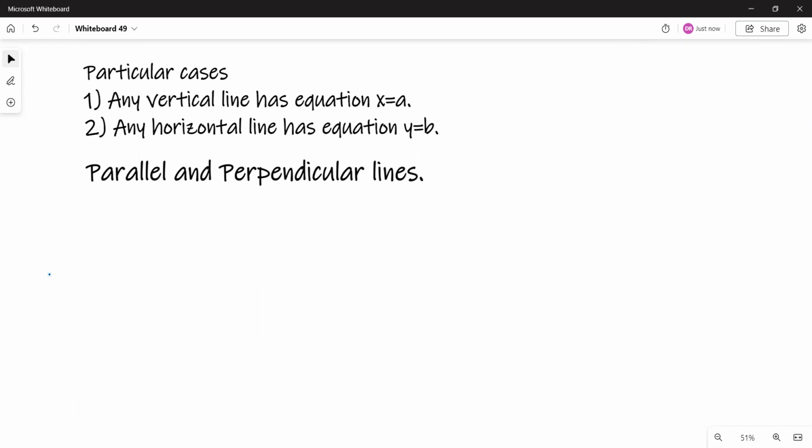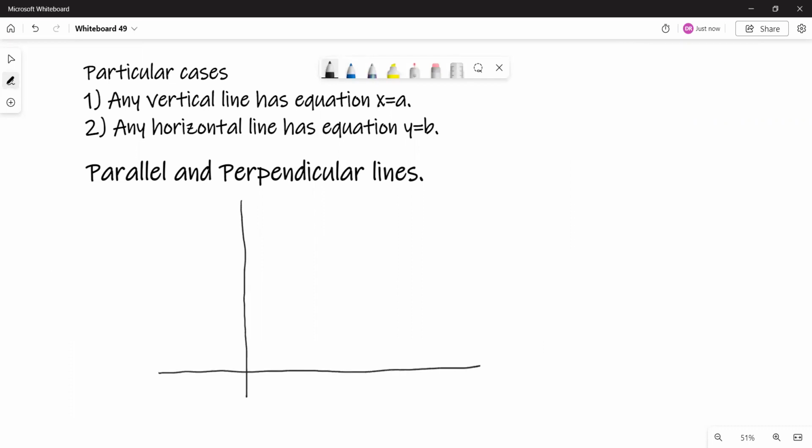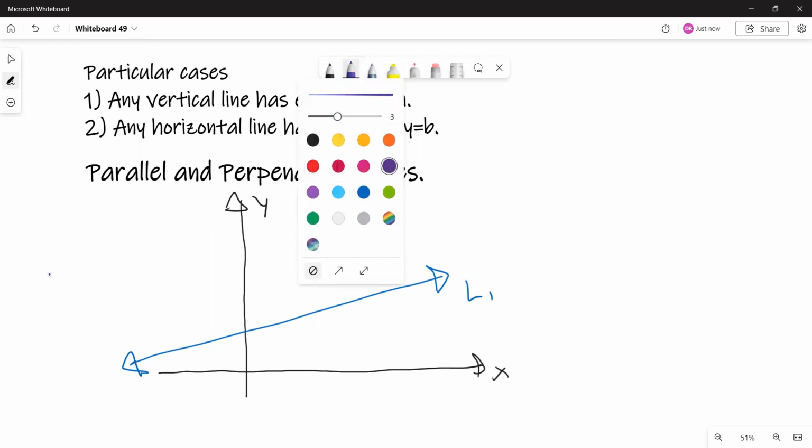So suppose that you have two parallel lines. You have some line L1 and another line L2.